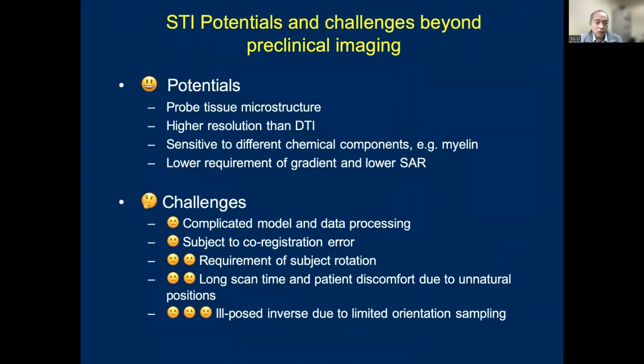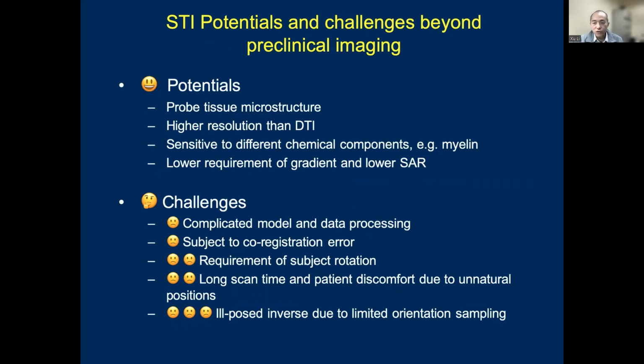But beyond preclinical imaging, STI may be pretty challenging. STI, of course, has the potential to probe the tissue microstructure. It may have the advantage of very high resolution imaging of the microstructure. And it's also sensitive to different chemical components like the myelin instead of just the structure.